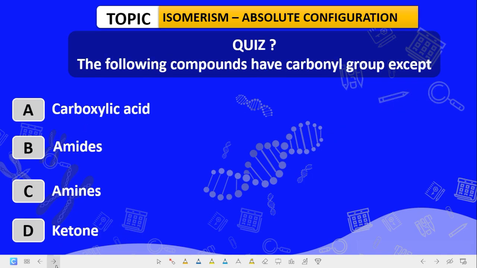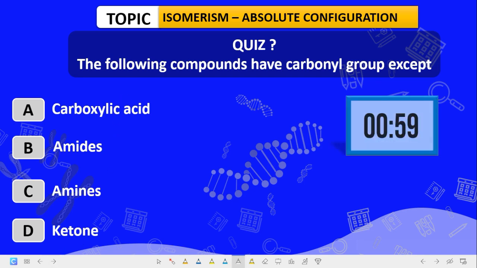Now the next question says, the following compounds have carbonyl group except. You should try. The following compounds have carbonyl group except. Which of them do you think have carbonyl group?